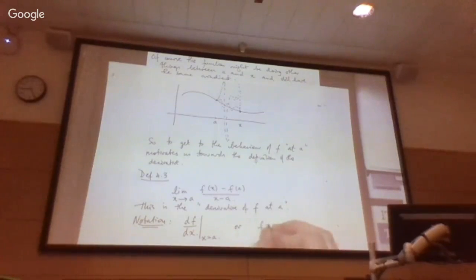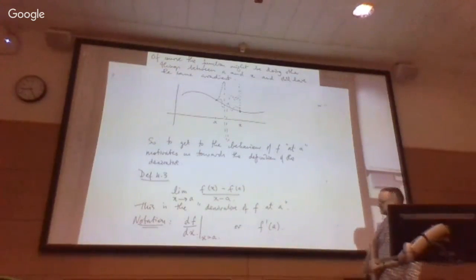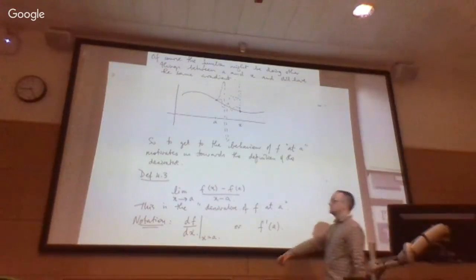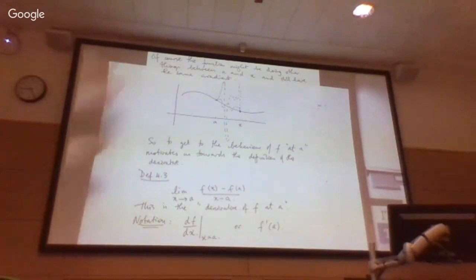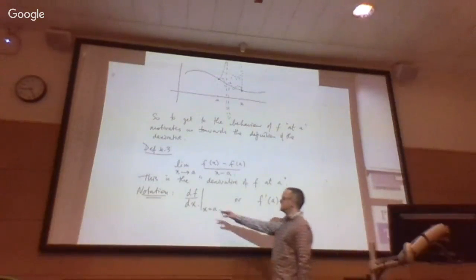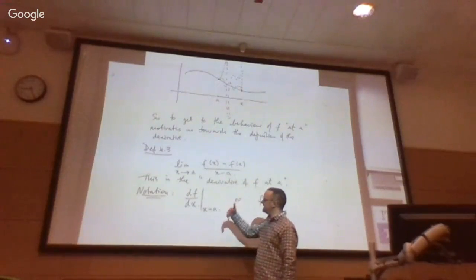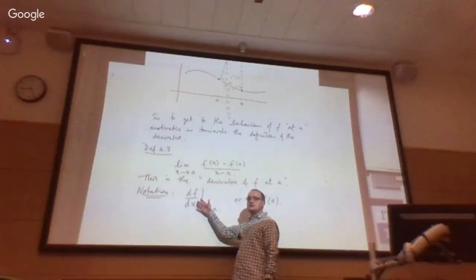Or a slightly more compact notation is just to use a superscript dash. It's not quite a 1, but just a dash on the function. The superscript dash indicates the derivative of the function f, and evaluated at A means we're talking about the base point A. One of the advantages of the notation df dx is that it's more natural to see it as an operator d dx applied to f.